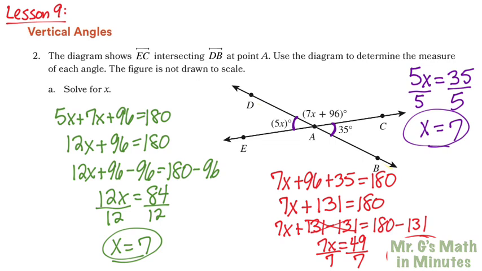So then if I want to find what the measures of these different angles are, we could do 5 times x, which we just found out was 7. So this side is equal to 35, obviously, because this side is also equal to 35. And then at the top, we would have to do 7 times 7, and then once we do 7 times 7, we add 96 to that.